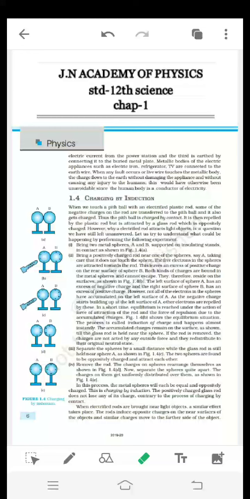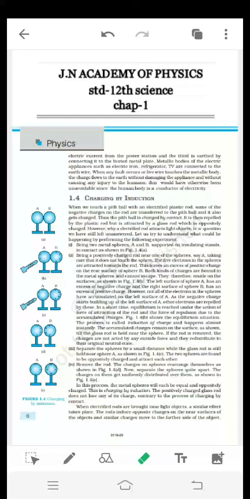by induction. The first step is to bring two metal spheres A and B, supported on insulating stands, in contact, as shown in figure 1.4a in your textbook. Bring a positively charged rod near one of the spheres, say A, taking care that it does not touch the sphere.